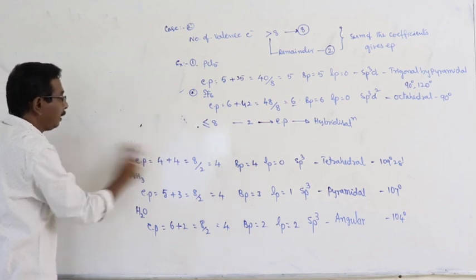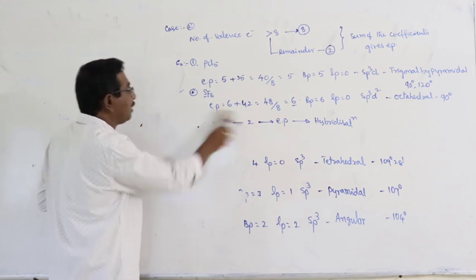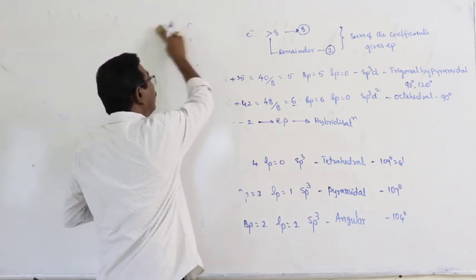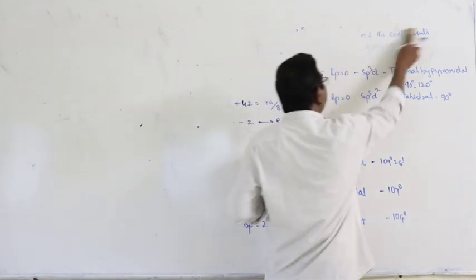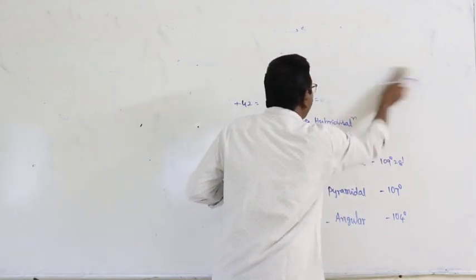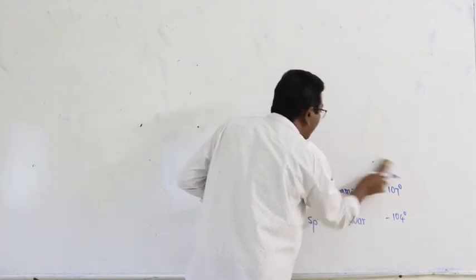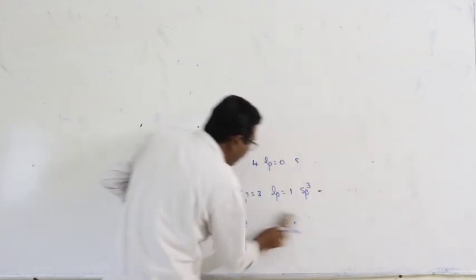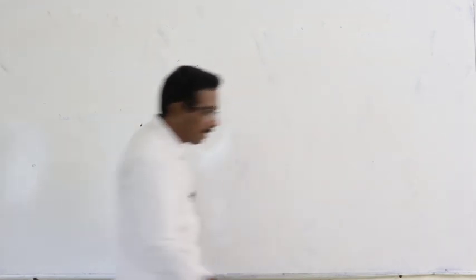Whatever it may be, in all these theories, namely valence bond theory, VSEPR theory, and the concept of hybridization, attempts were made to explain the formation of covalent bonds as well as the shape of molecules, bond angles and also bond lengths.